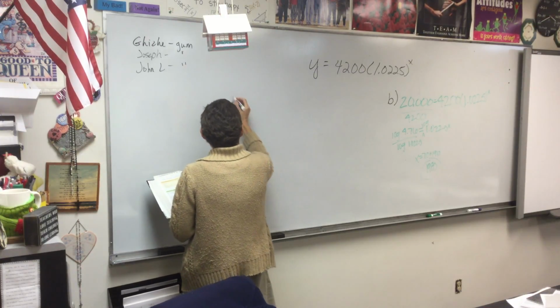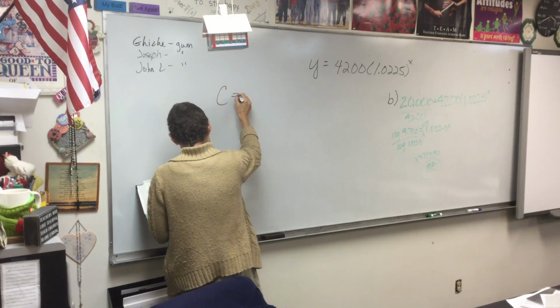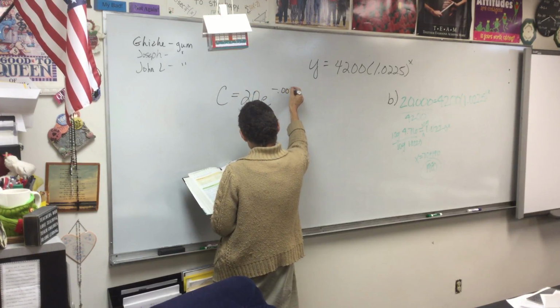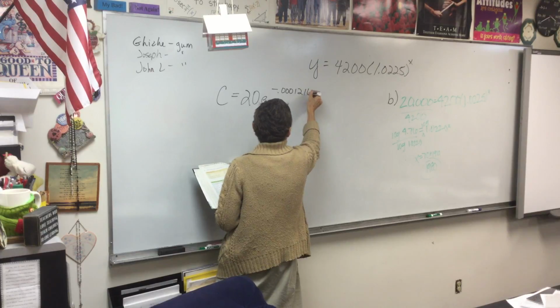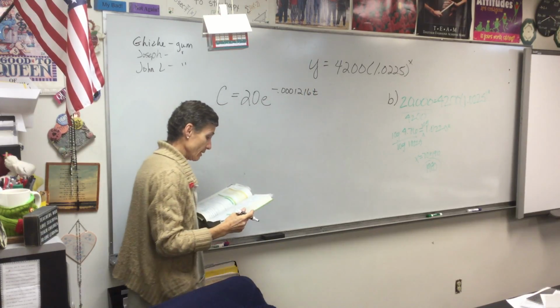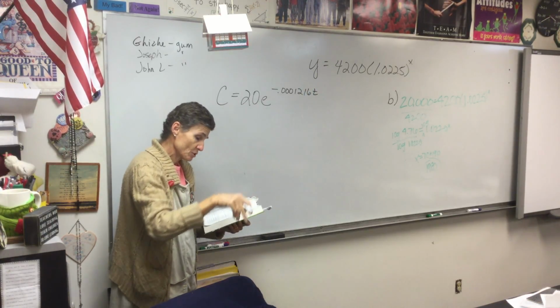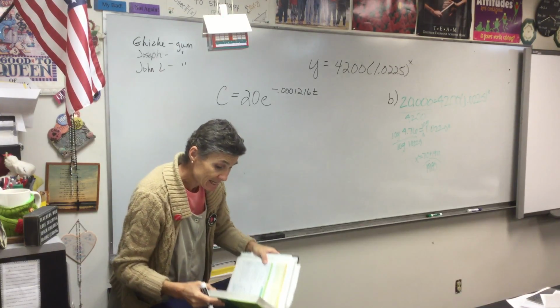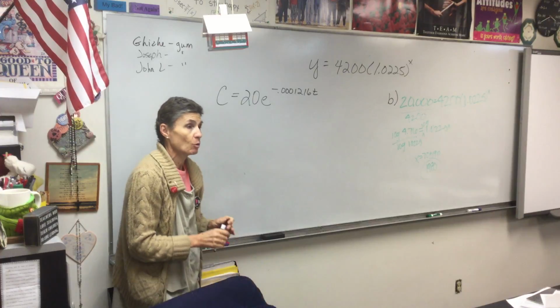So in number 40, we have an equation that looks like this. And I don't have to write my own equation, it just gives it to me. It says, the amount I have after T years is given by this equation.